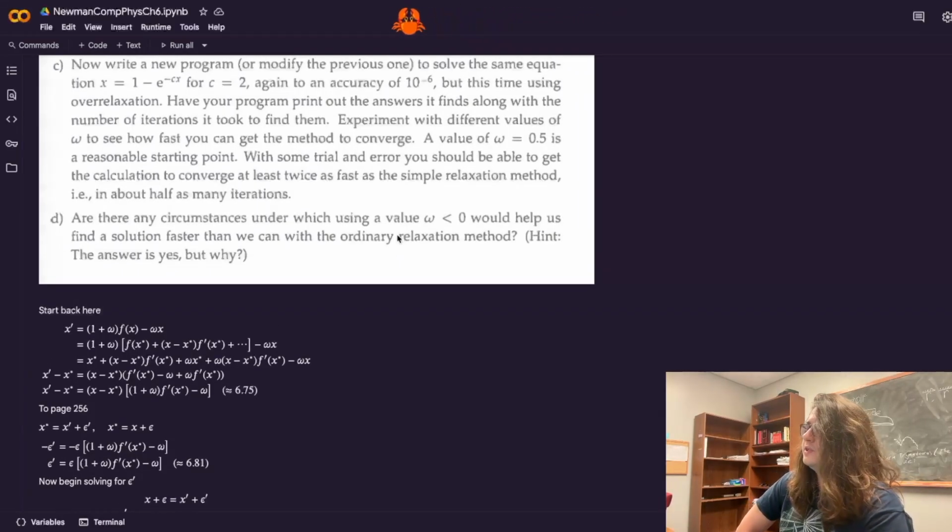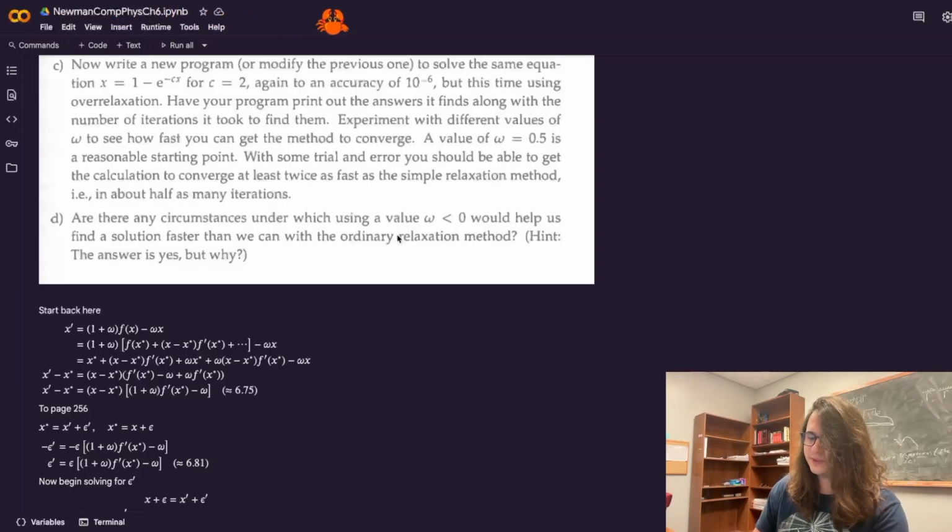Are there any circumstances under which using an omega value less than 0 would help you find the solution faster? Yes, there are. If you have a function which varies really wildly for just small values of x, then using an omega value less than 0 will actually help you quite a bit.